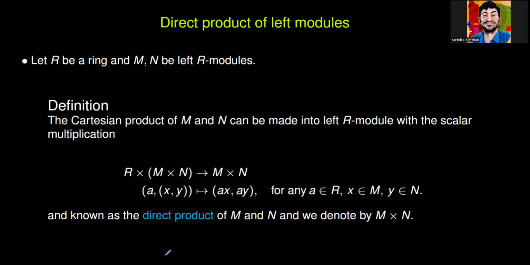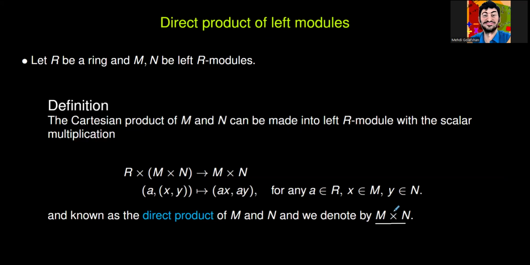The scalars come from R, and instead of single elements we have pairs, so the module looks like pairs.